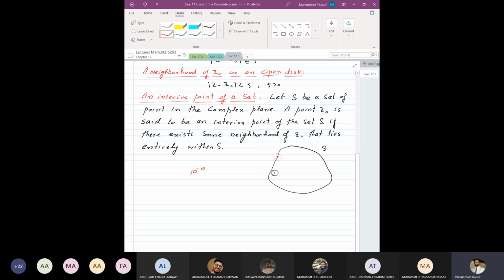Okay, still you can make a neighborhood whose radius is less than this number. Now this neighborhood, what I'm writing, Z minus Z naught less than 10 power minus 10 over 2, will be entirely inside S.